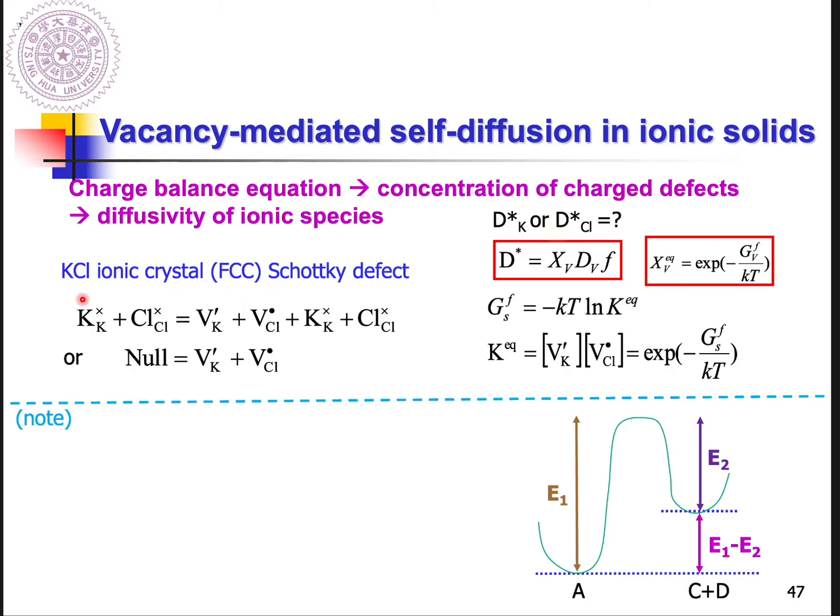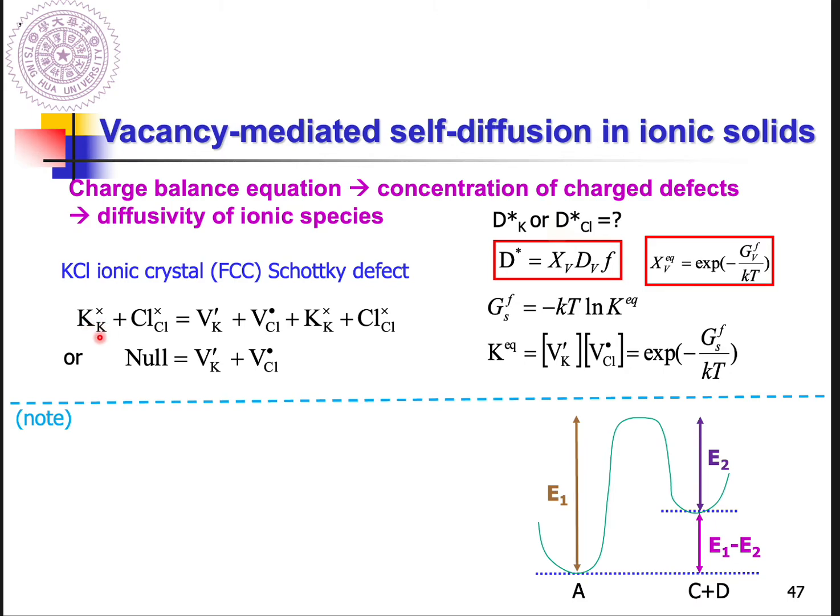So let's take a look at this potassium chloride. Before, you observe there are no Schottky defects in this material, so the potassium ion is located at the potassium site with neutral charge, because the charge didn't increase or decrease, right?